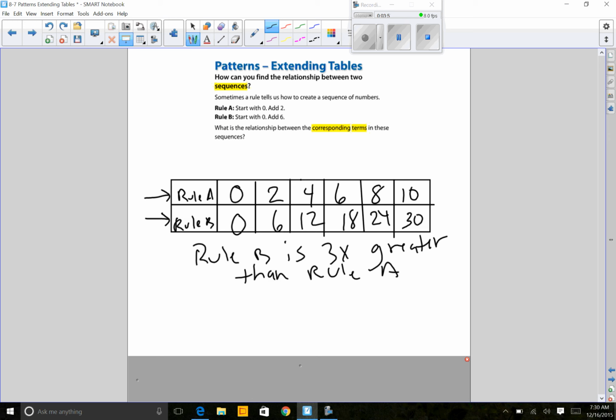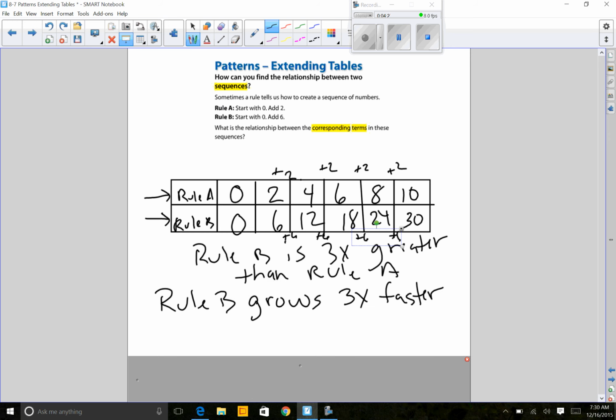We can also see that rule A grows by 2 every single time: plus 2, plus 2, plus 2. Rule B grows by 6. So rule B grows 3 times faster than rule A. That would be another description we could have, because 2 times 3 is 6.